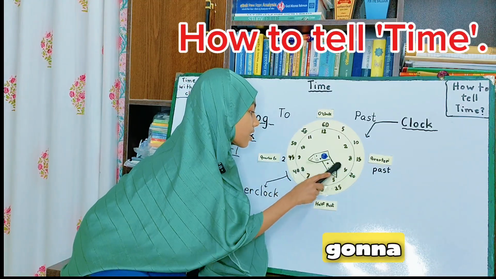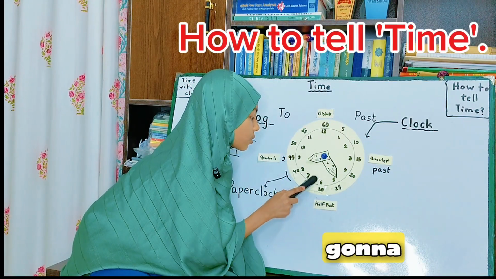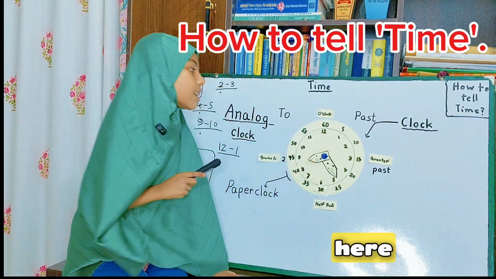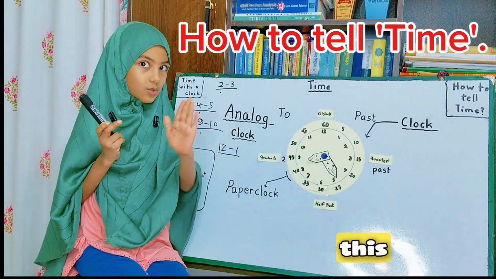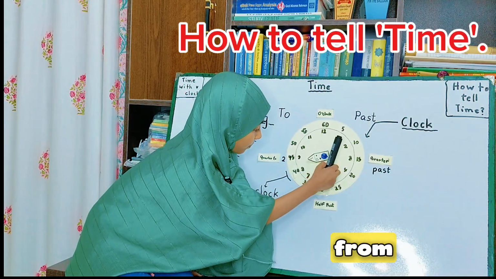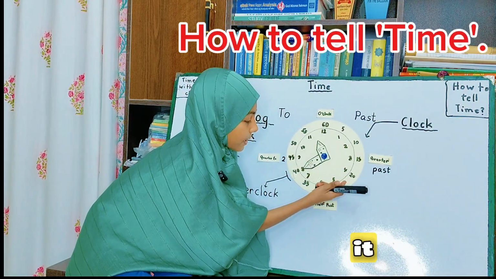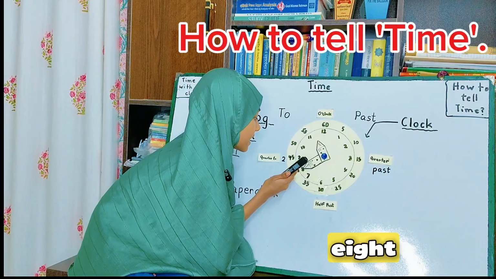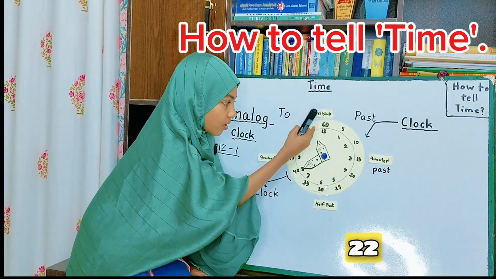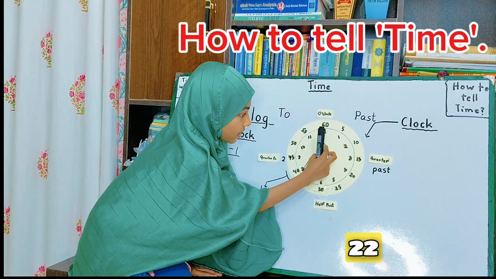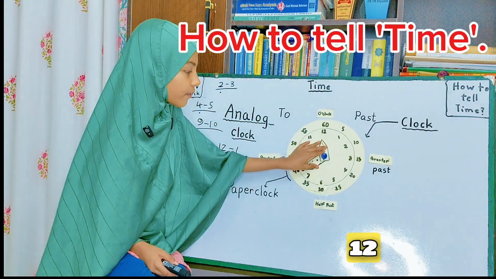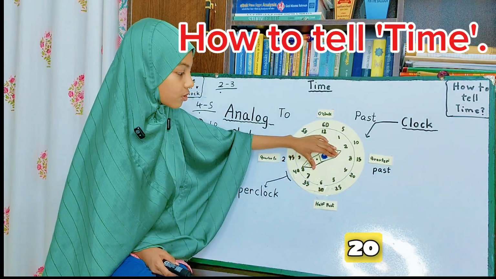We just gonna switch it with the straight number. So if we switch from 8 to 4, it becomes 20. You're gonna say it like 20 to 12, 20 to 1, 20 to 2, 20 to 3, different numbers.